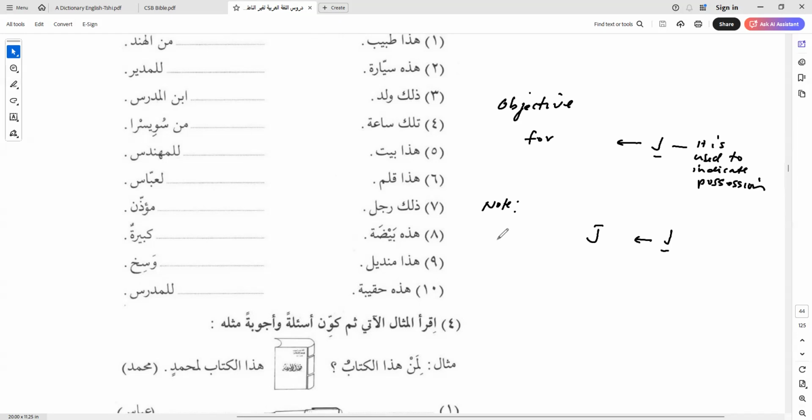For instance, when you pair it to hu, then if you join li to hu, it becomes lahu. If you conjoin li to ha, that's for a female, then it becomes laha. So the li becomes la: laha, for her, lahu, for him.